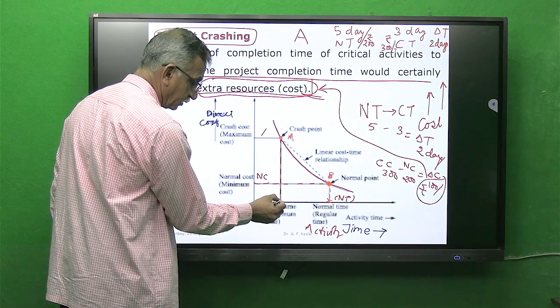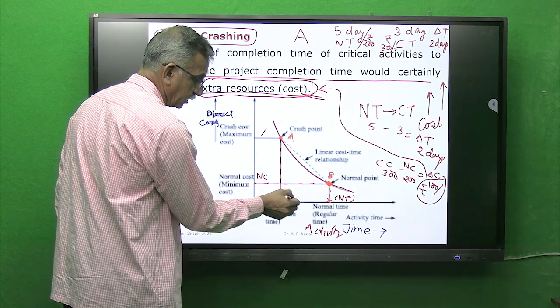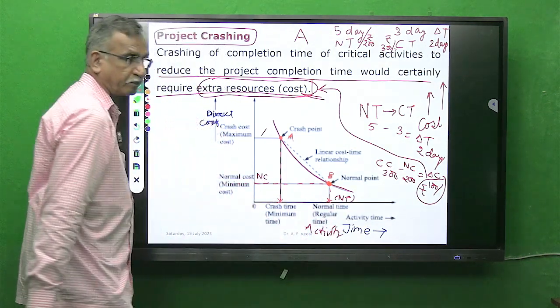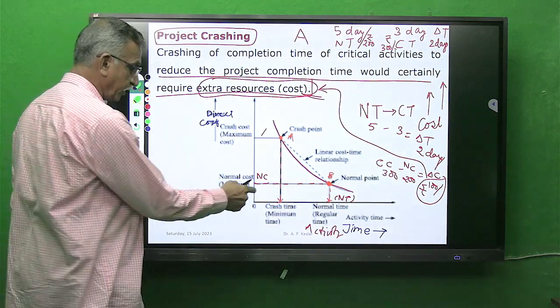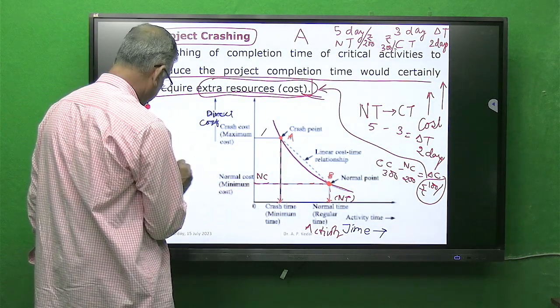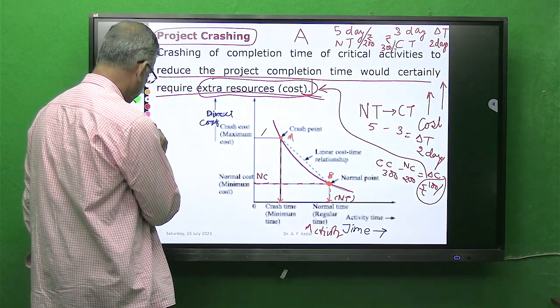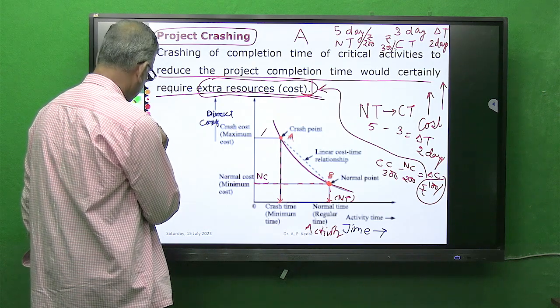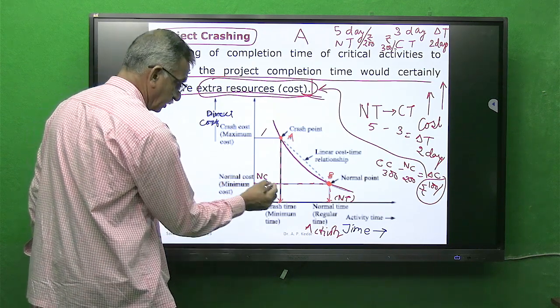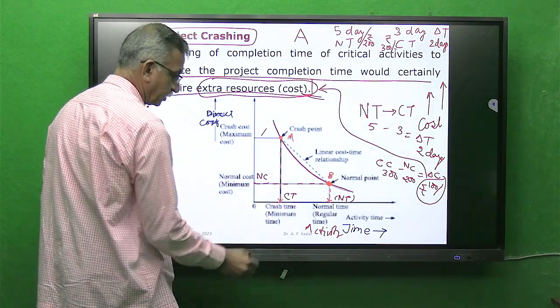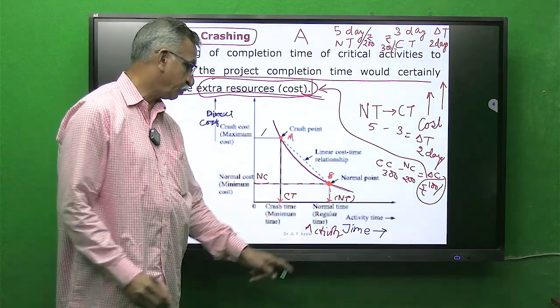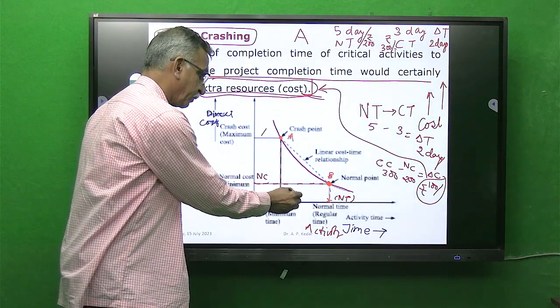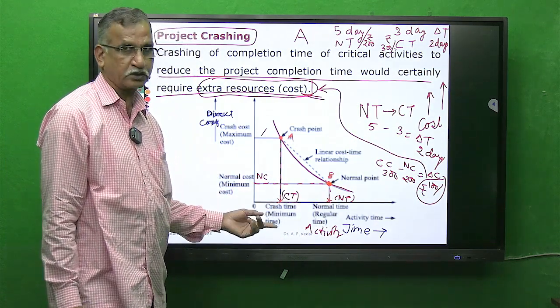It will cut the activity time axis at a given point, which is referred to as crash time, CT. NT stands for normal time, CT stands for crash time.